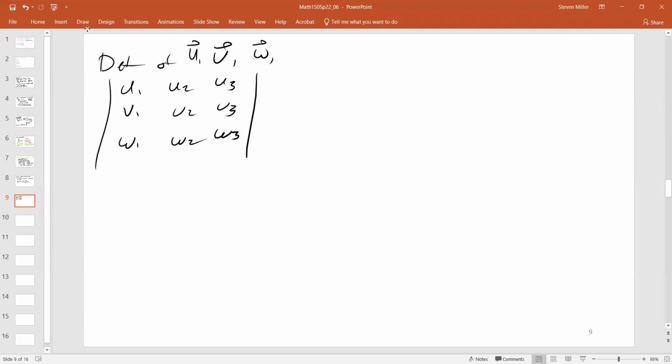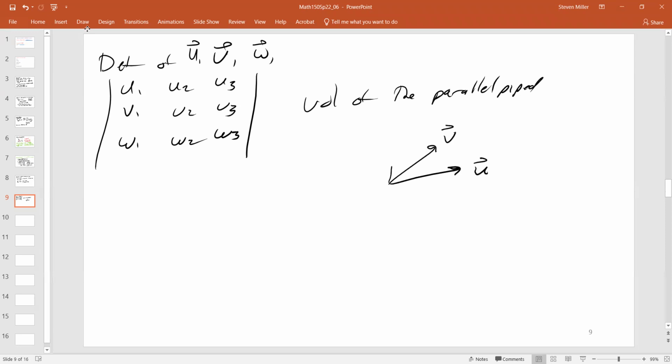What would you like that to represent? Yes, volume. So this is the volume of the parallelepiped. Here's U, here's V, and here's W. And it's going to be something like that.